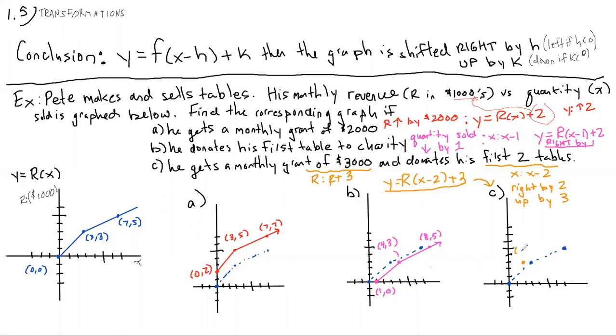Right, so that 0, 0 is going to go to 2 and 3. 3, 3 is going to move right by 2, so 5 and 6. And that last point, 7, 5 should go to 9, which I guess I need to label, and then up by 3 to 8.